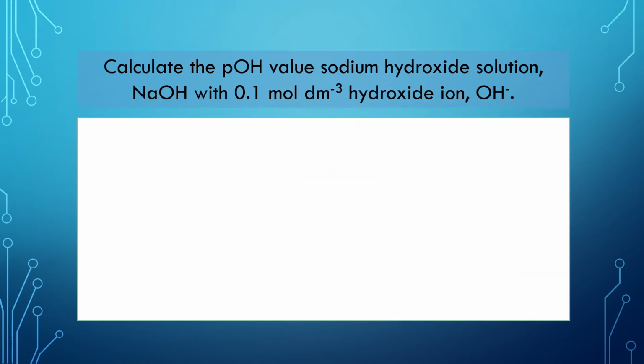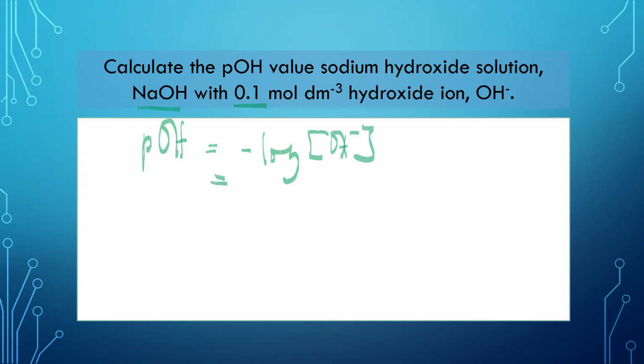Calculate the pOH value of sodium hydroxide solution, sodium hydroxide with concentration 0.1 mole per decimeter cube hydroxide ion. Okay, so you can use the formula pOH equals negative log concentration of hydroxide ion.